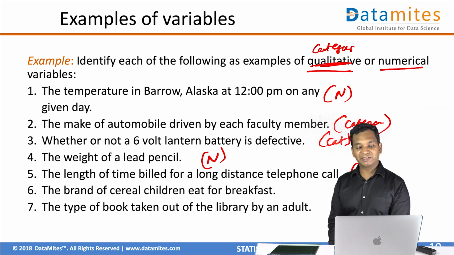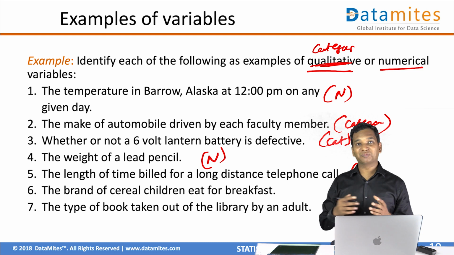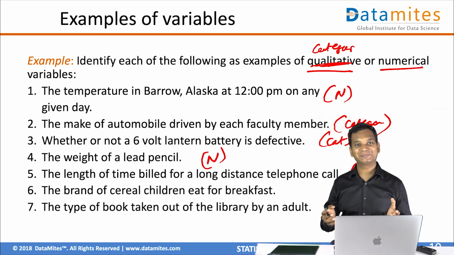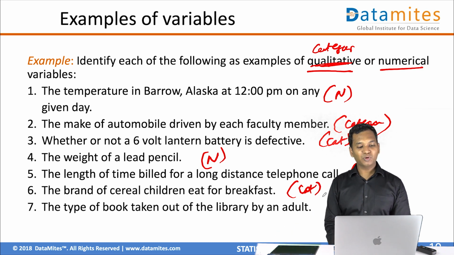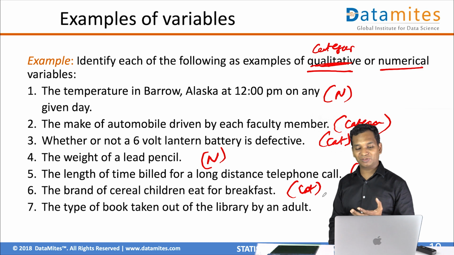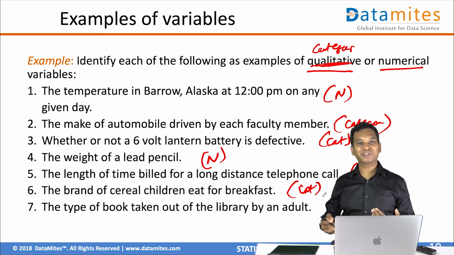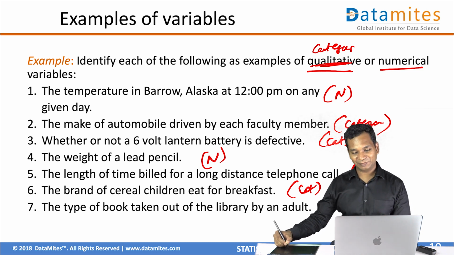The brand of cereal children eat for breakfast, so different brands, it is qualitative data, or simply in this case categorical. The type of book taken out of the library by an adult, doesn't matter whether adult or child, talking about type of book, it's categorical data.